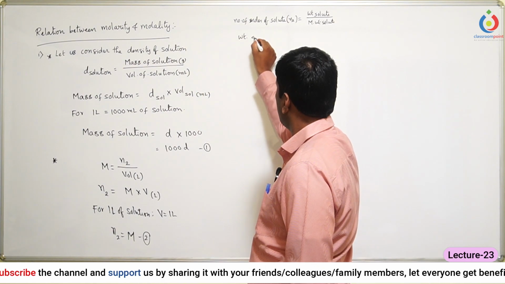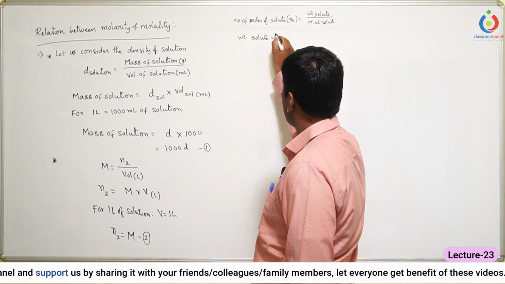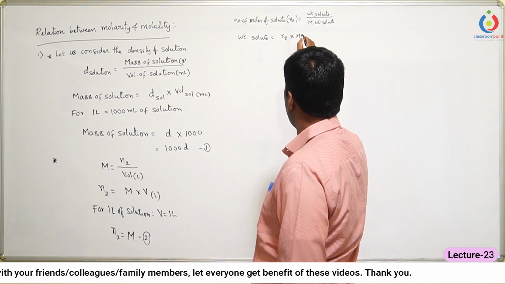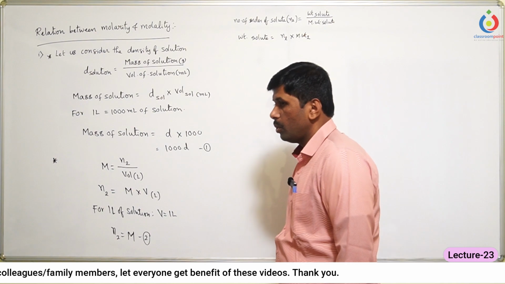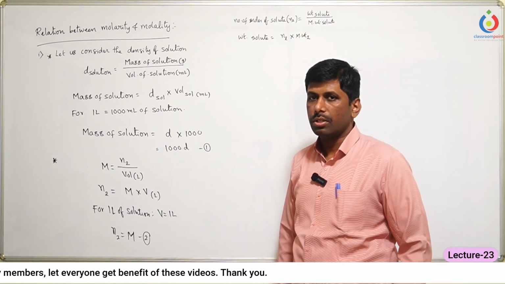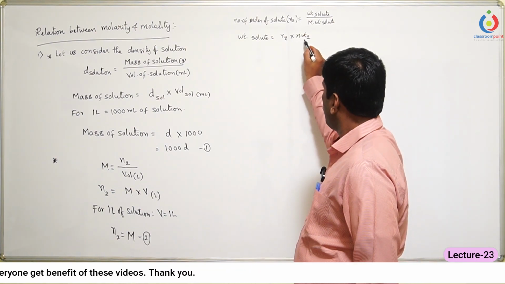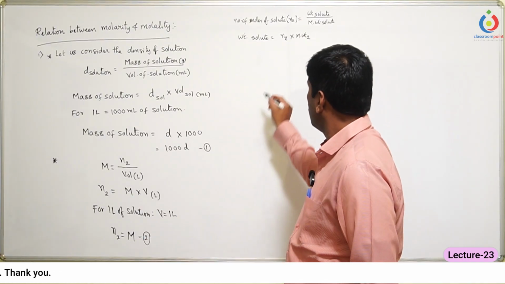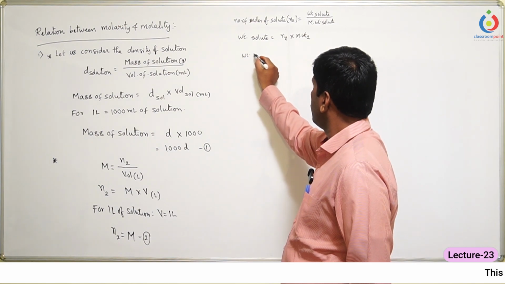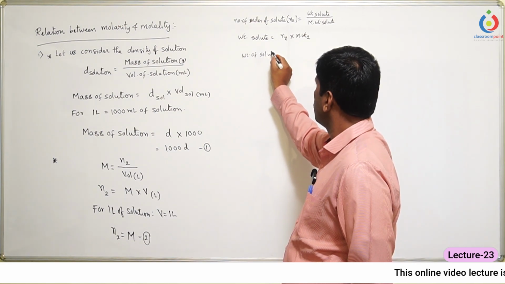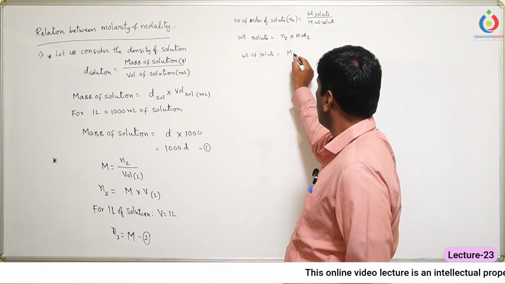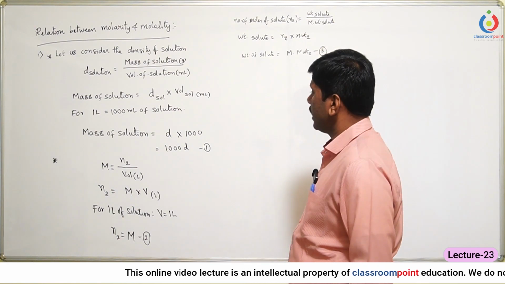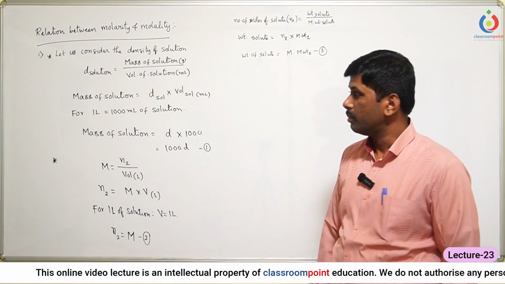So that mass of solute is equals to number of moles of the solute N2 into molecular weight of the solute. Here 2 stands for the solute and 1 stands for the solvent. And here we know that number of moles of the solute already we calculated, that is molarity. So here now we can write down that weight of solute is equals to molarity into molecular weight of the solute. Let it be equation number 3.